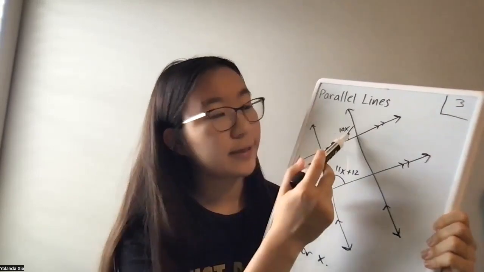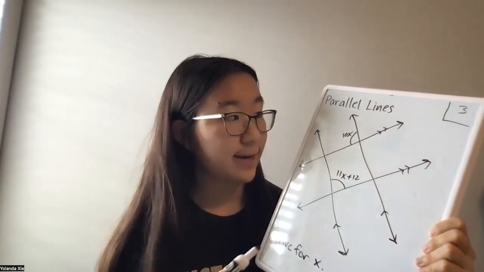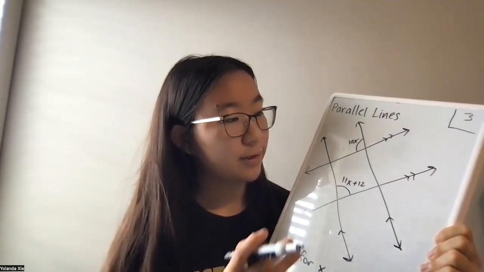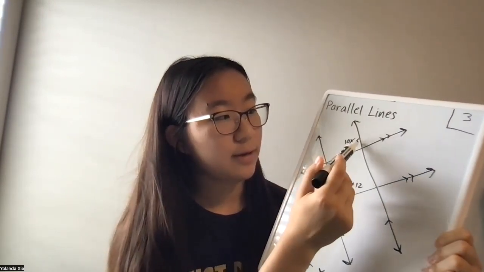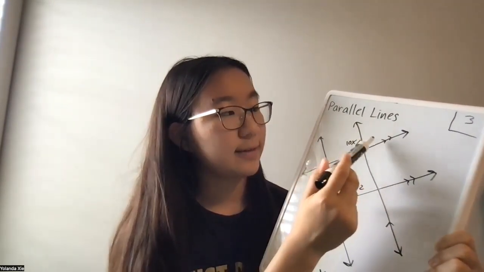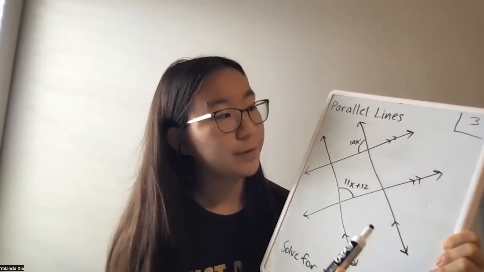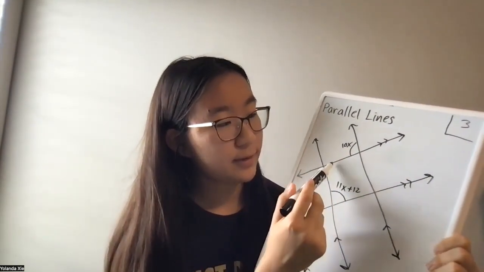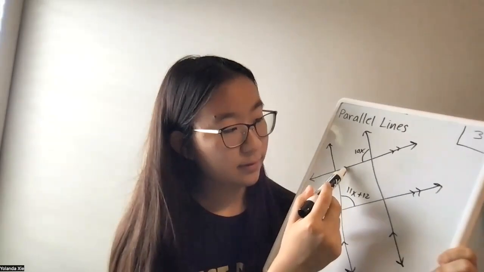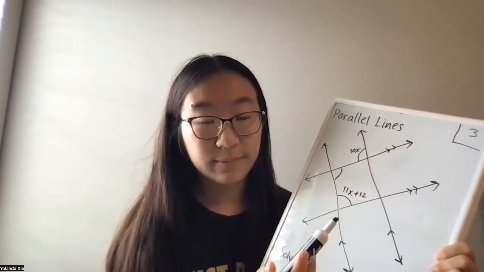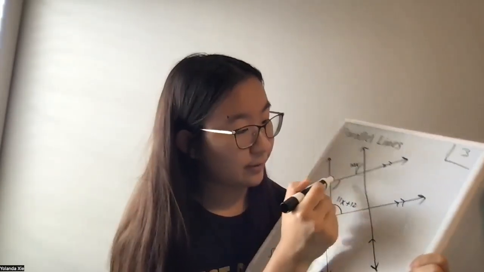So we see that we're given this angle here, which has a value of 10x. And if you just focus on these two as the parallel lines and this line as the transversal, you can see that this angle and this angle here are congruent because they're alternate interior angles.